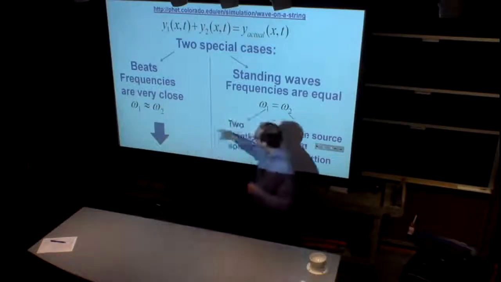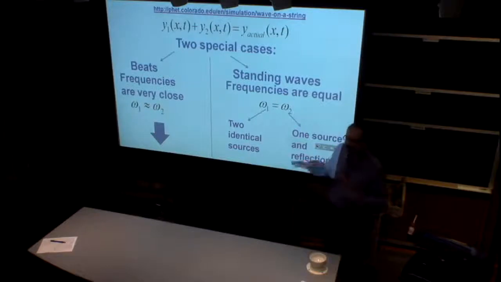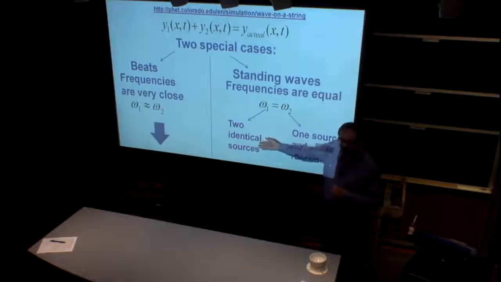Situation number 2, when waves have exactly the same frequencies and everything else is the same except direction. In that case, we can generate those waves differently. First, we can use two different sources. Second, we can use one source, but the wave travels, reflects, and the original and reflected waves begin interfering.